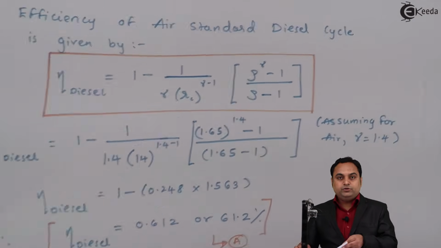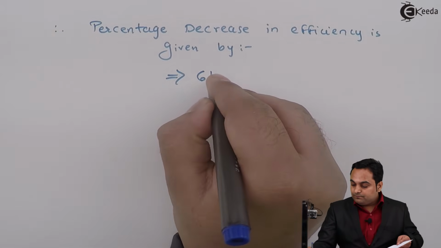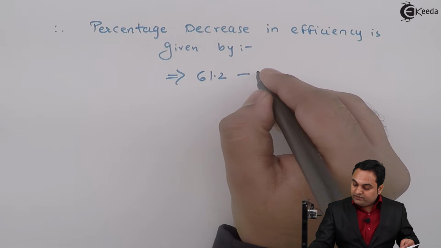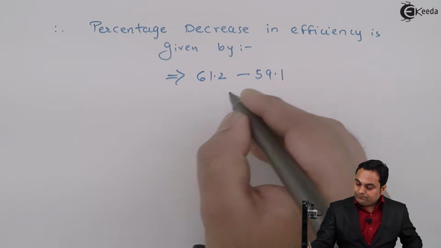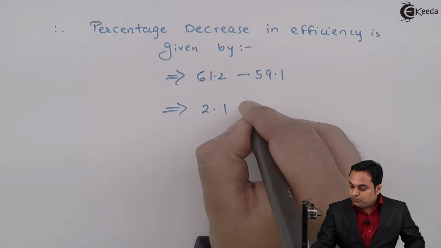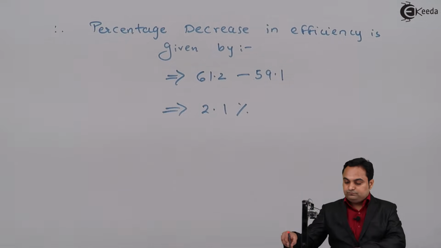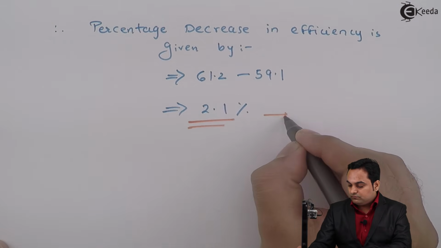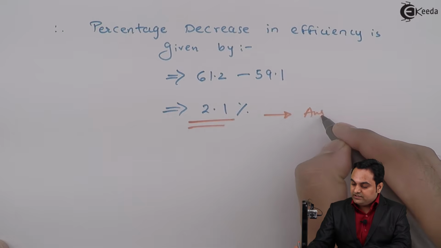So 61.2 minus 59.1, so therefore the answer comes out to be 2.1%. This is our final answer.